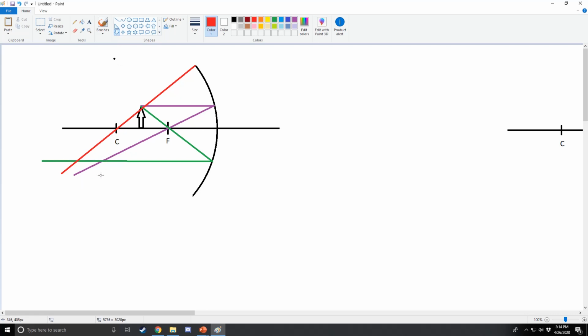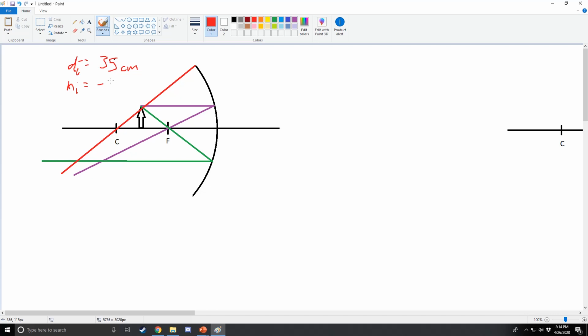First, all these lines are crossing past the center of curvature. So my guess is that the image distance is going to be something like 35, if I had to guess. And I know that the image is going to be inverted, so it's going to be some sort of negative number, and it's going to be bigger than whatever I have.